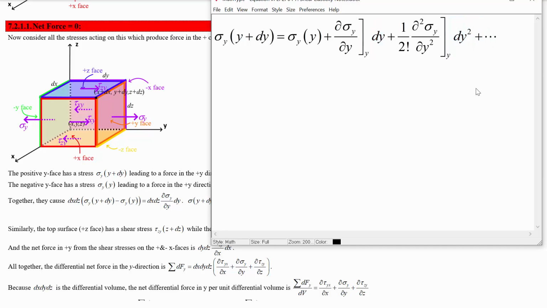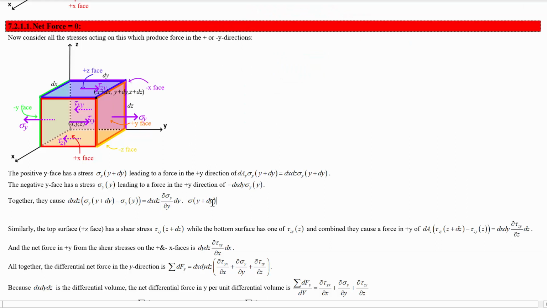As we take things close to 0, this is basically just the first two terms. And when you then take this and subtract off the sigma y, you're left with just this quantity.